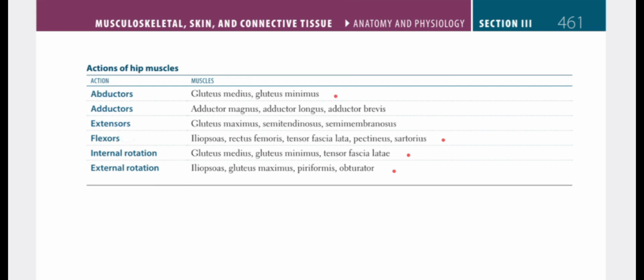Then you have the extensors. Extension in the leg involves basically making the leg upright. All right, this is the knee joint, and this is the lower limb, and this is the thigh region. So this position is known as the extension.